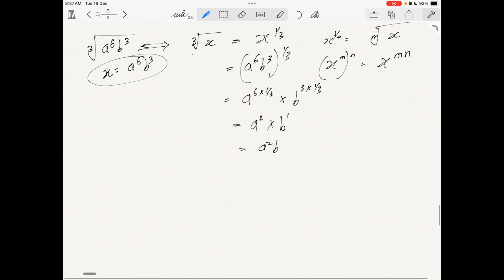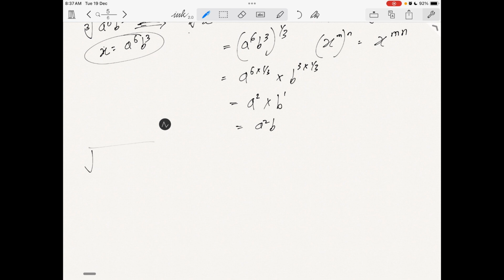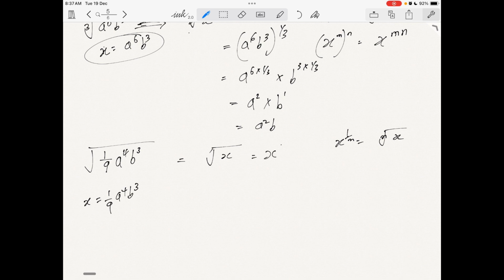Now we go further to the next one, the square root of 1 over 9 a raised to power 4 b raised to power 3. We apply the same law here. Let's say our x is equal to 1 over 9 a raised to power 4 b raised to power 3, and we're applying the rule of x raised to power 1 over m is equal to the mth root of x. In that case, the square root of x is x raised to power half.